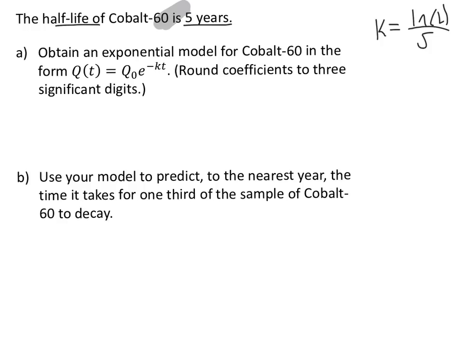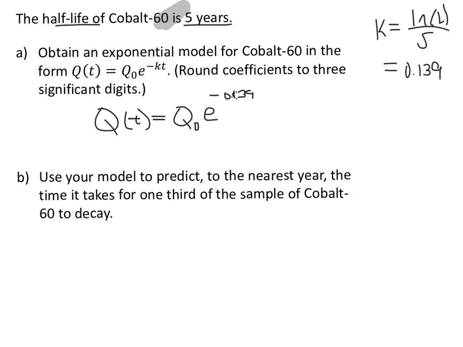If I find that on my calculator, natural log of 2, don't forget to close your parentheses, divide it by 5. We end up with, to 3 decimal places, 0.139. And that's all we need in order to write our model in this first part. Q of t equals Q sub 0 e to the negative 0.139.